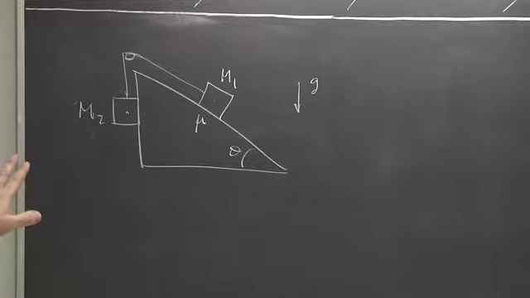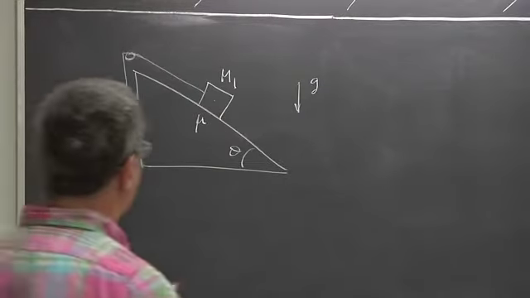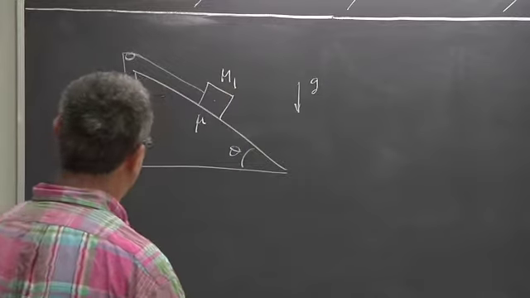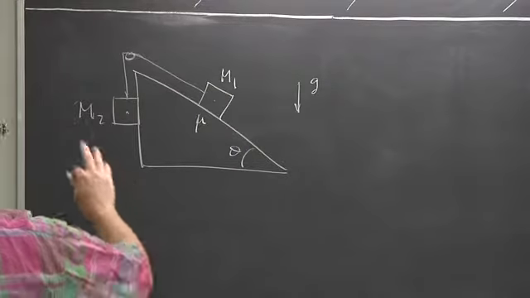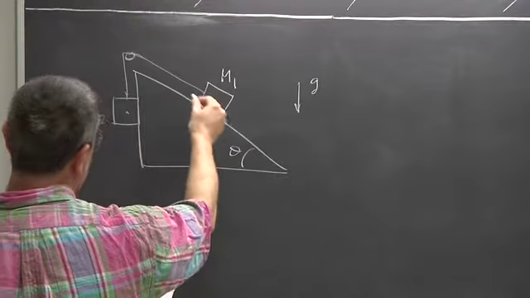And you see, this is a problem in which you are given some mass distribution, some connections, and some external force, and then you are asked, for instance, what are the accelerations here, okay? What is the tension in the string?